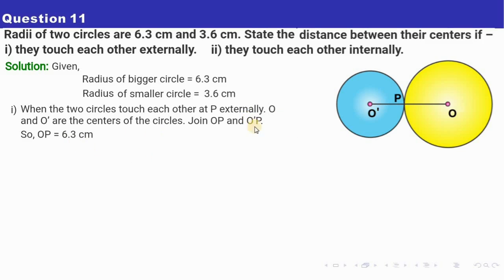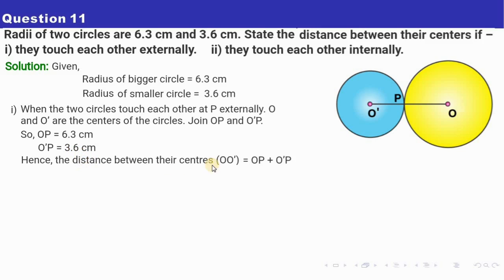So we have OP, which is the bigger radius, given to be 6.3, and next is O dash P, which is the smaller radius, 3.6. Now our aim is to find the distance between the centers, that is O dash O. If I add OP and O dash P, P is present in both, so P will vanish.